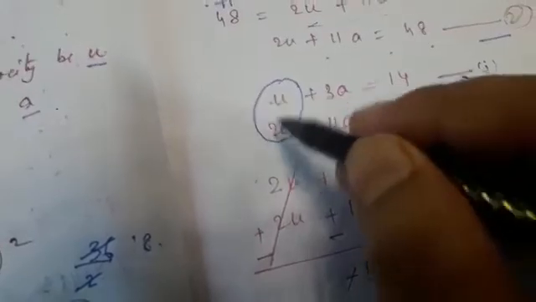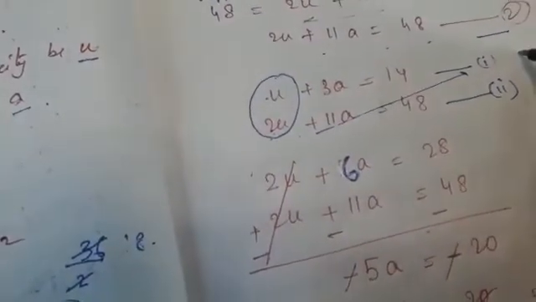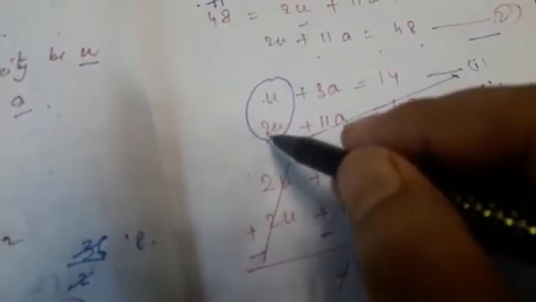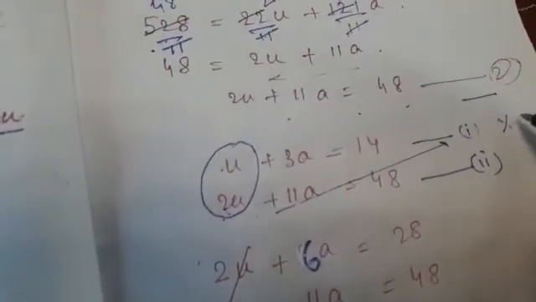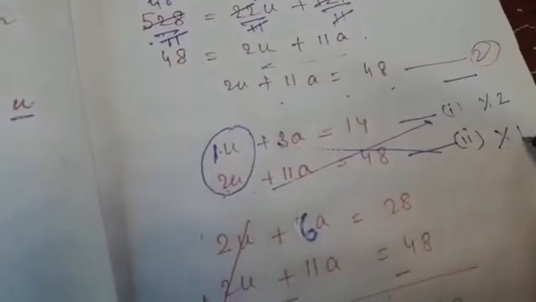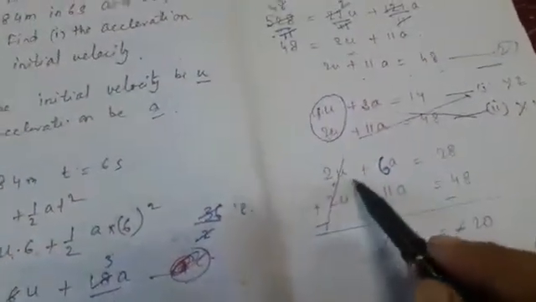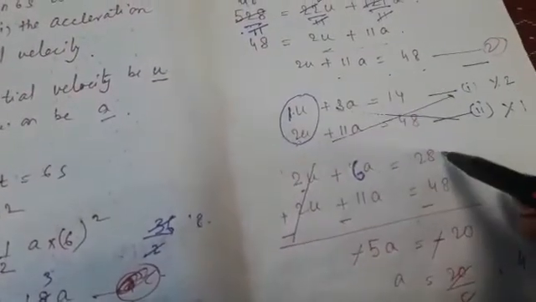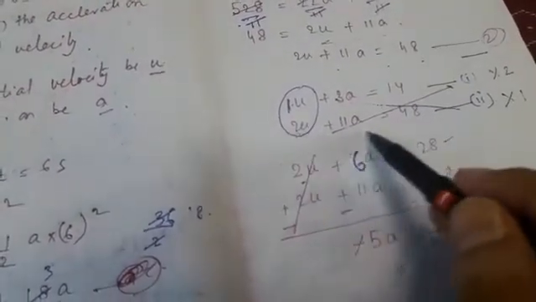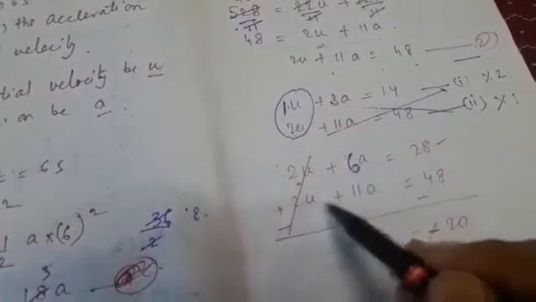Take the coefficient of u from the second equation and multiply with the first equation, so into 2, right? And the coefficient of this equation, which is 1, you multiply with the second equation. So you will get 2u, right, plus 6a is equal to 14 into 2, that is 28, and this equation multiplied with 1 will remain the same.